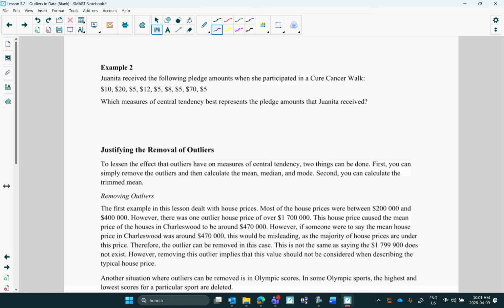So we can just look at a set of data and determine which of the 3 measures would be a good one to use. Like if you look at this set of data, well, first of all, let's address the mode. What would the mode be? 5.